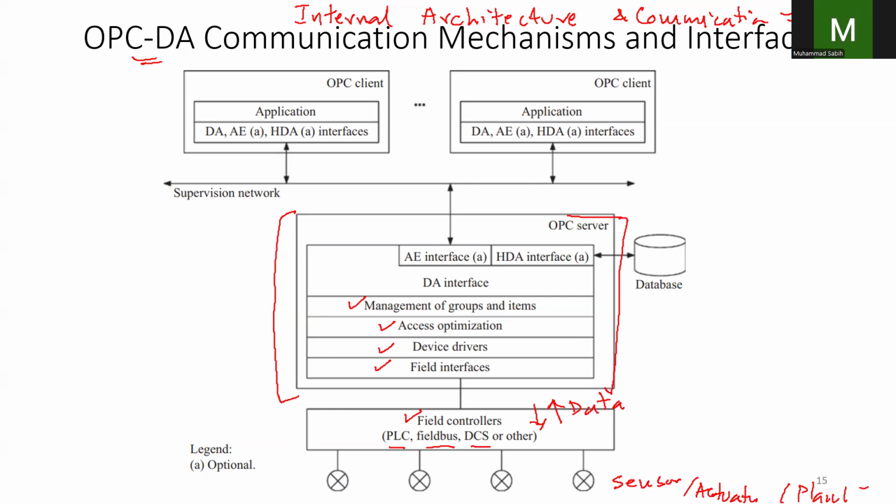The server offers a core DA interface. This is mandatory for basic data access, and in addition we also have two optional interfaces: one is historical data access, and the other is alarms and events, which add optional functionality.